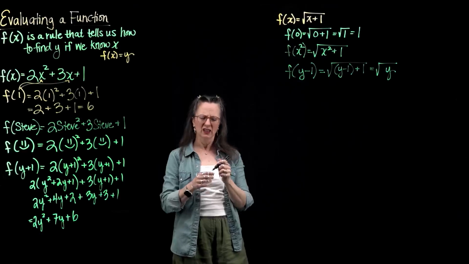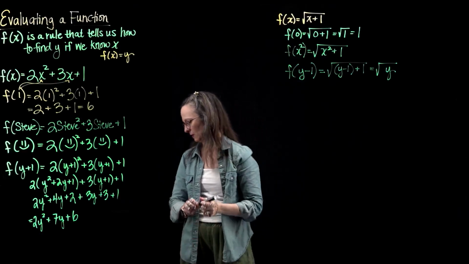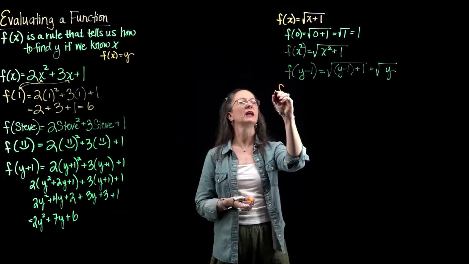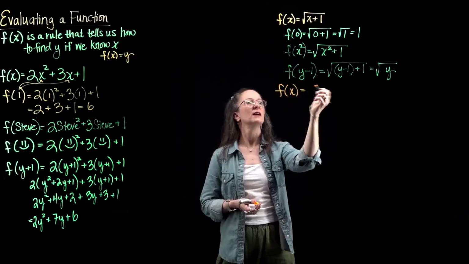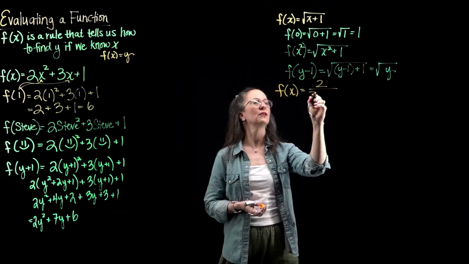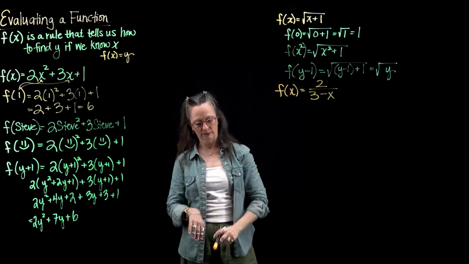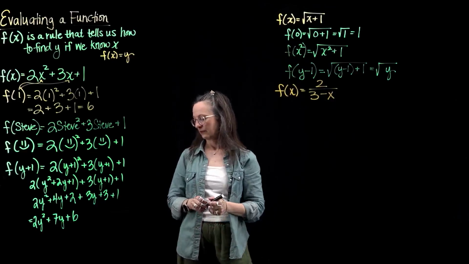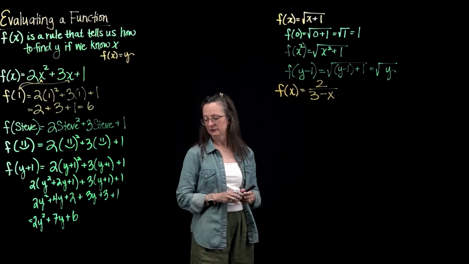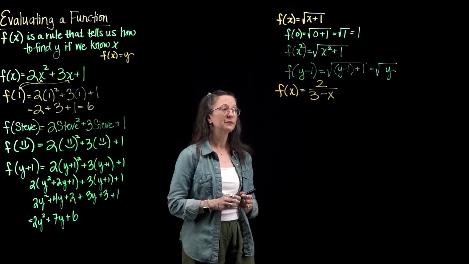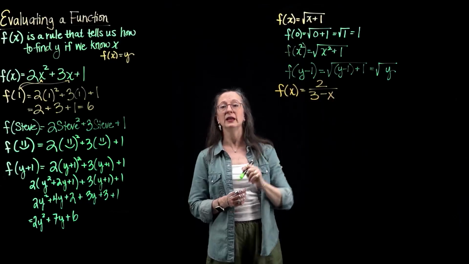All right, let's look at another function. What if I gave you f of x is 2 over 3 minus x? Okay, well, that one's a little different. My variable's in the denominator.